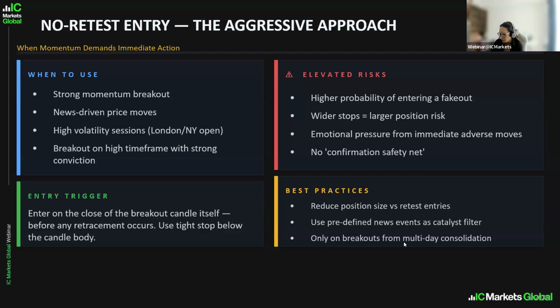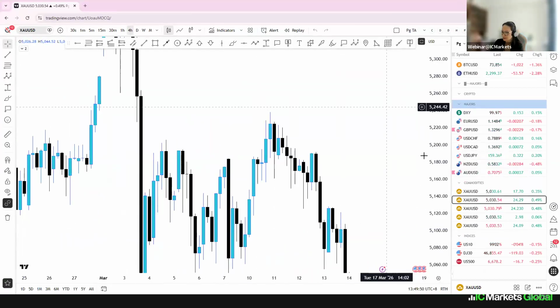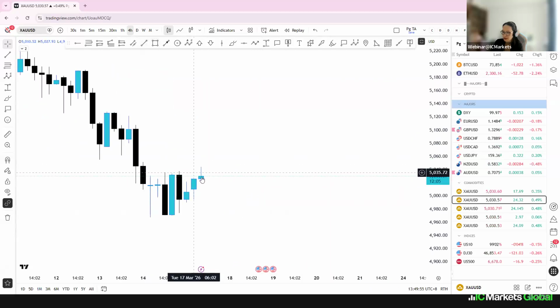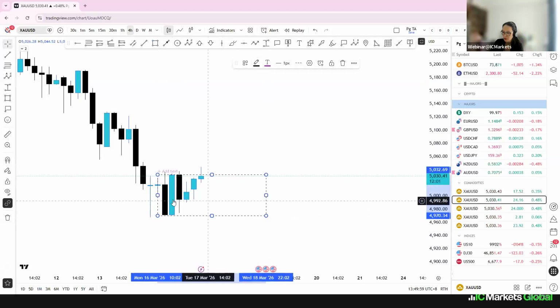Only on breakout from multi-day consolidation. So you wait for the breakout of the higher time frame. And the current gold, I tell you that now, if I were to look at H4, it seems like H4 is not a breakout.